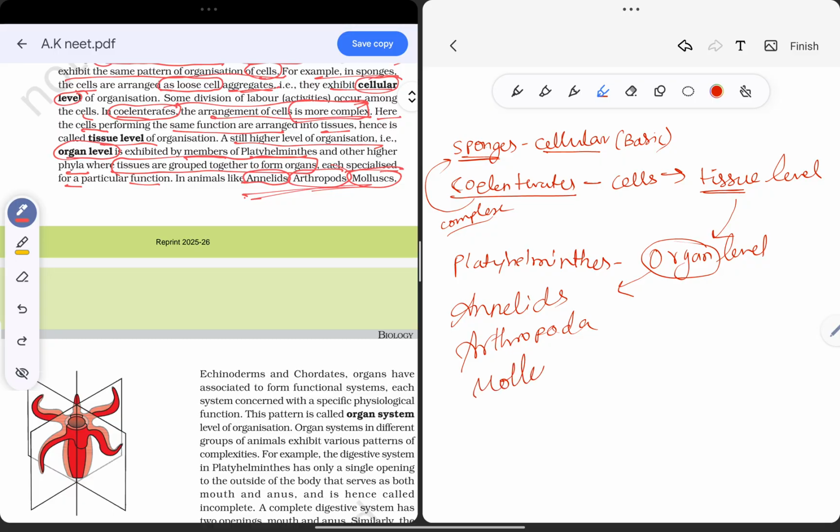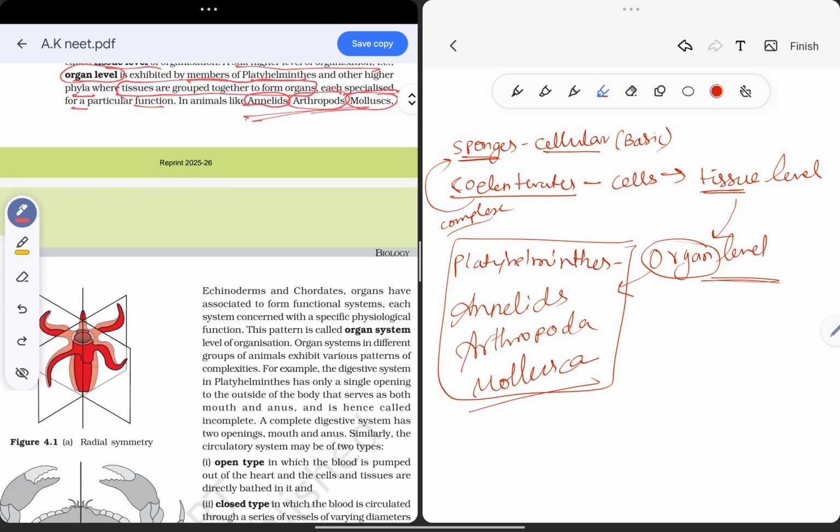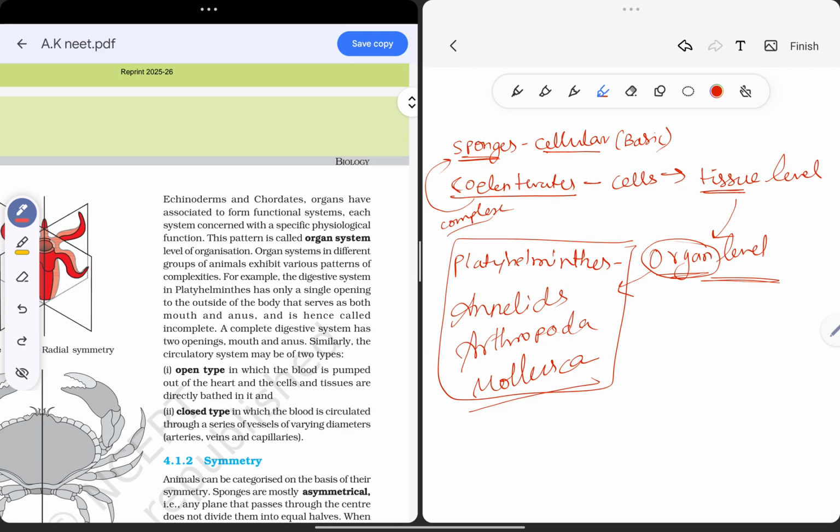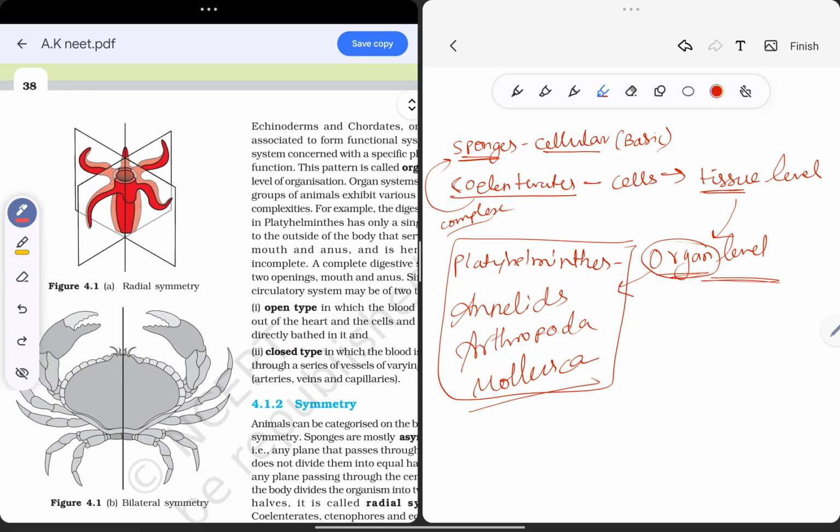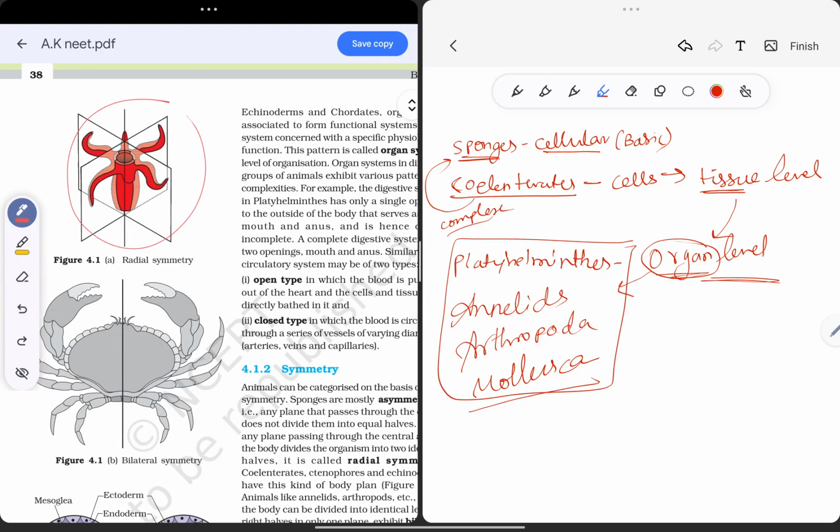So in these, you can observe the higher level of organization, organ level, not tissue level.